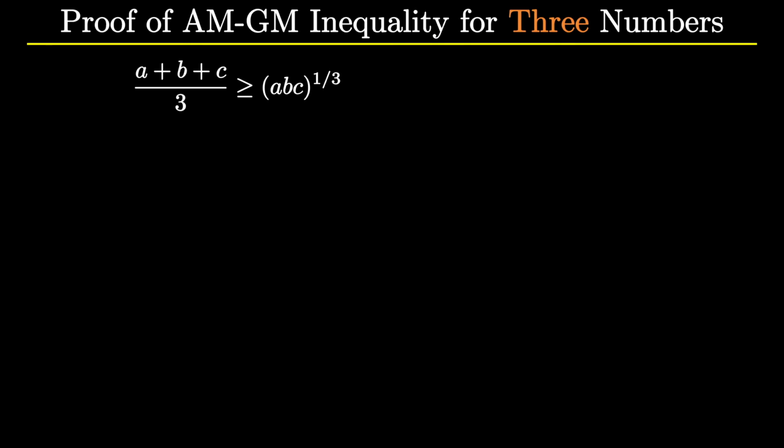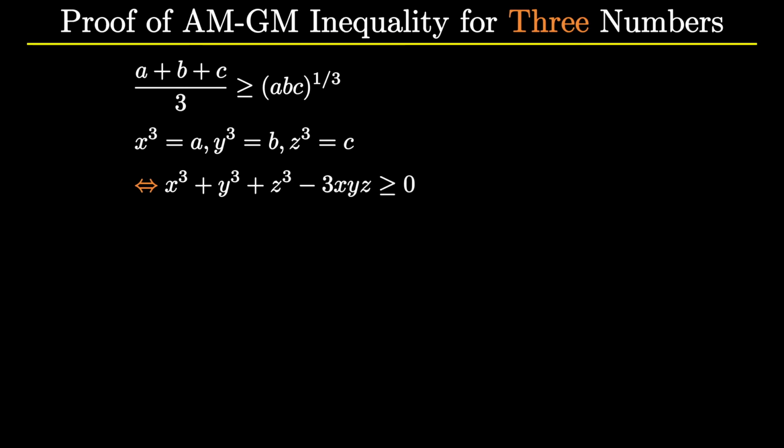But before that, let's do some substitutions that will make our work easy. We let x cube is equal to a, y cube is equal to b, and z cube is equal to c. Thus, equivalently, we need to show x cube plus y cube plus z cube minus 3xyz is greater than or equal to 0.